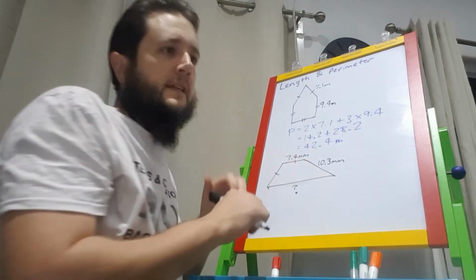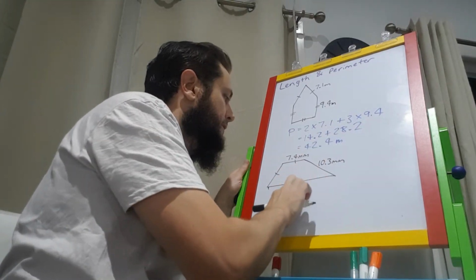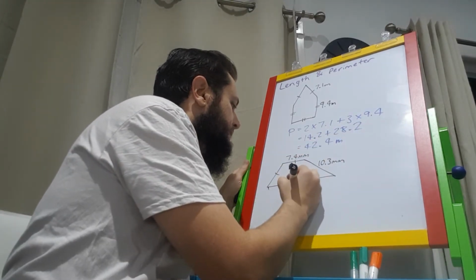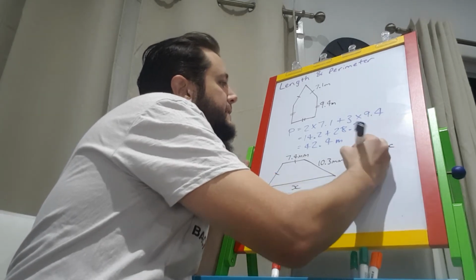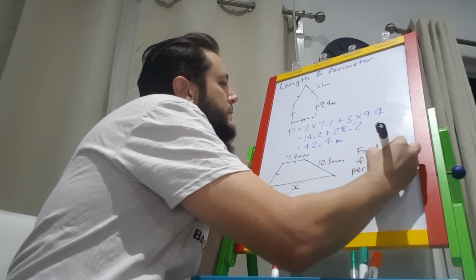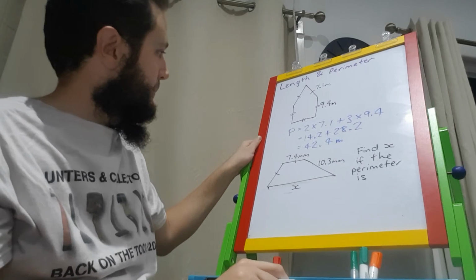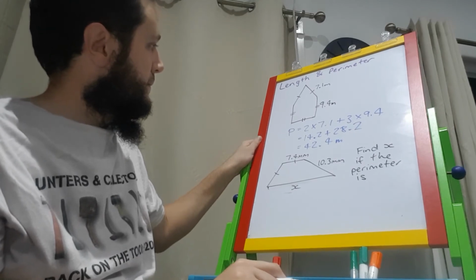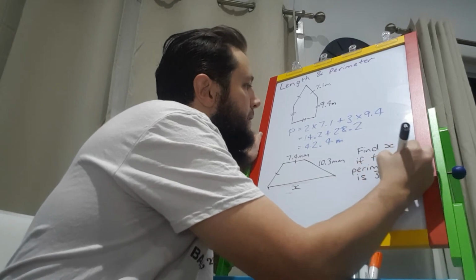For a question like this, I'll call it X. And you'll be asked to find X if the perimeter is, what am I going to make it? 37 millimeters, there we go.